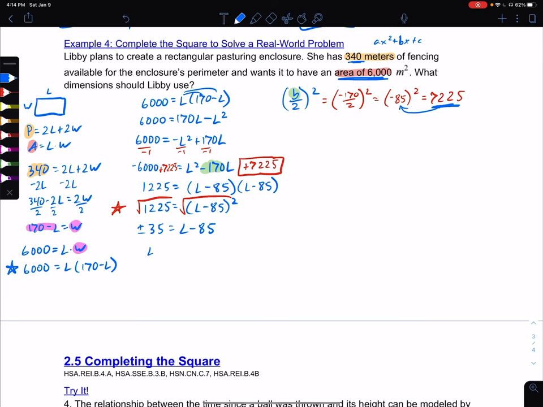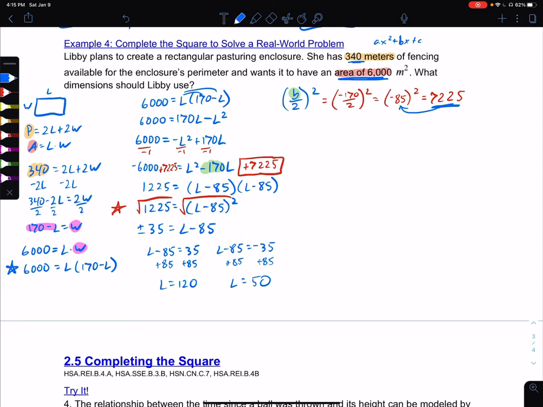We can create our two equations. L minus 85 equals a positive 35, and L minus 85 equals a negative 35. So we're going to wind up with two solutions here. If I add 85, I get L equals 120. And if I add 85 here, I get L is equal to 50.